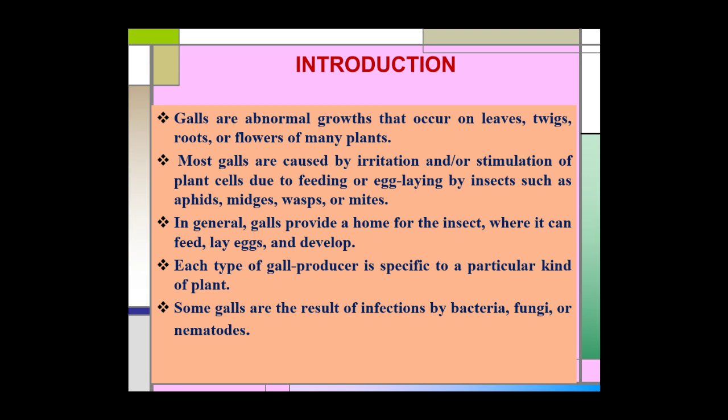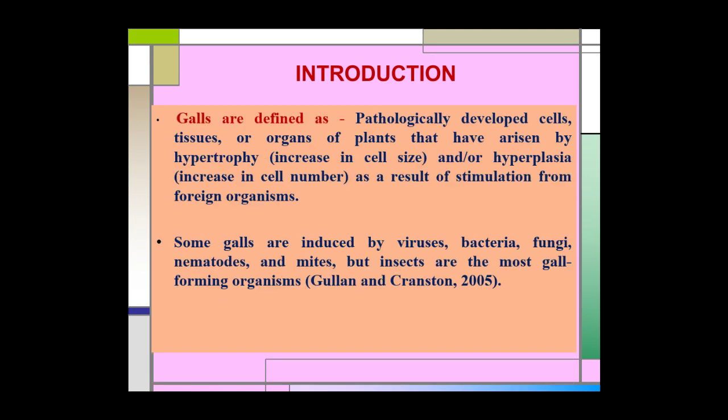Some galls are the result of infection by bacteria, fungi, or nematodes. Thus, we can define galls as pathologically developed cells, tissues, or organs of plants that have arisen by hypertrophy, meaning increase in cell size, and/or hyperplasia, meaning increase in cell number, as a result of stimulation from foreign organisms.